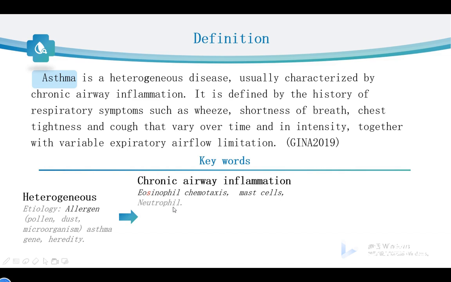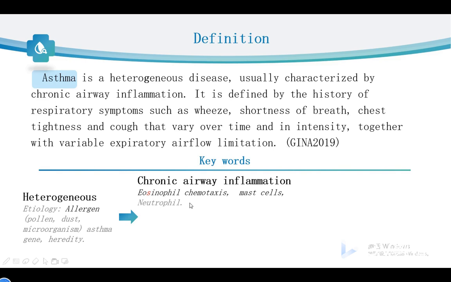In recent years, the investigation of the kind of the predominant inflammatory cells is one of the most important fields of the research for the asthma, because it's related to the treatment effect and the prognosis of the asthma patient.